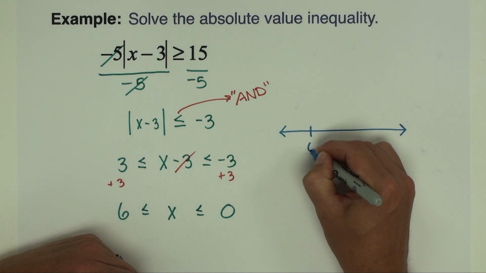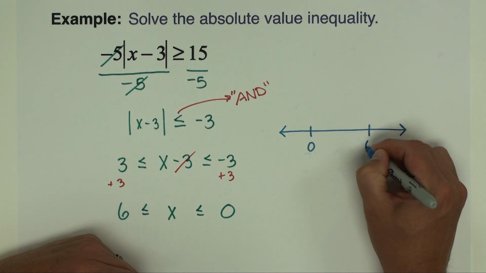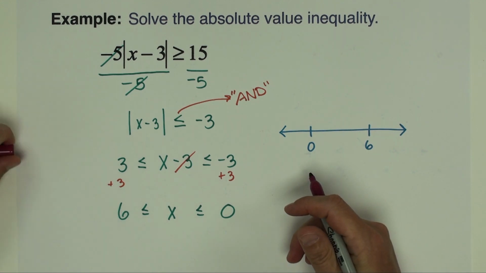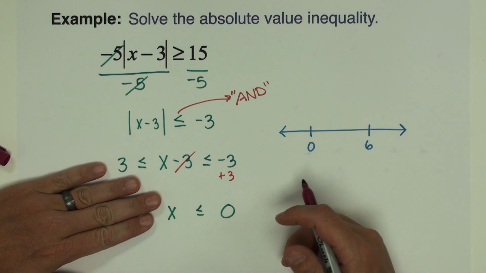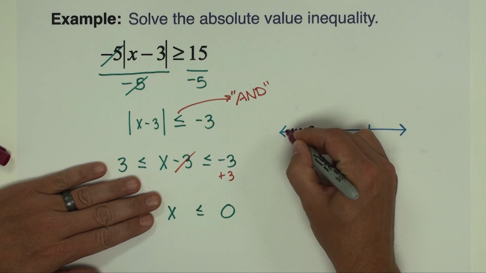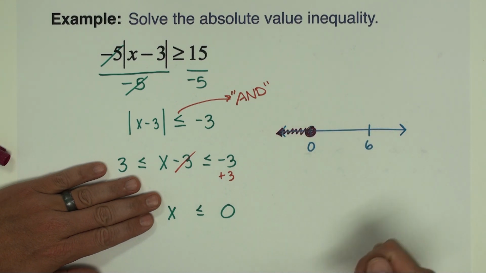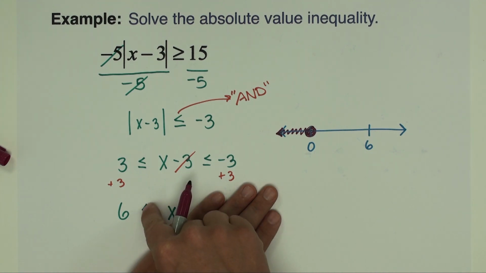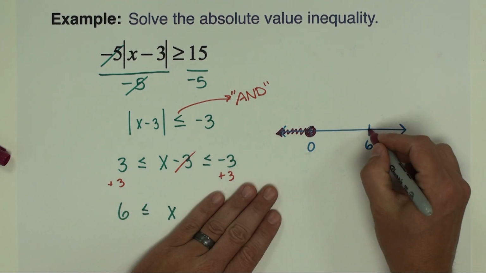We need to have 0 and 6 on the number line. And I'm just going to take them separately. So if I read this side, it's just x less than or equal to 0, shading that direction. If I read this side, it reads x is greater than or equal to 6.